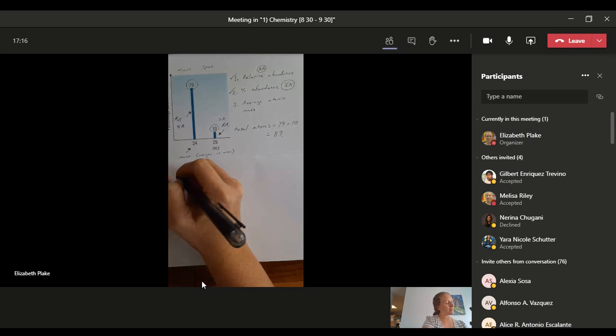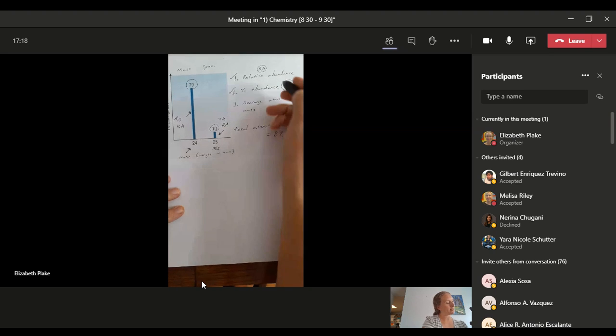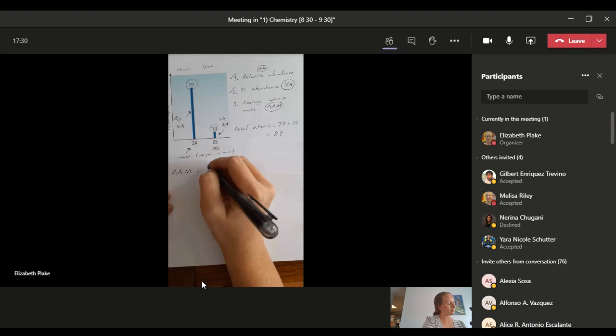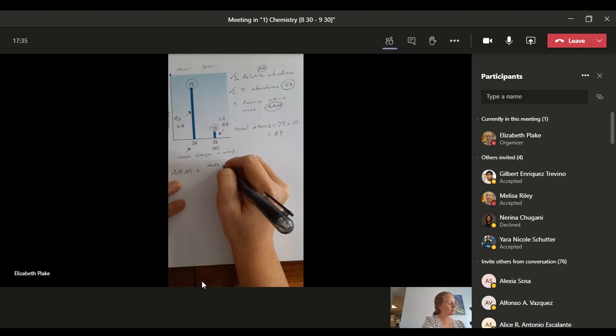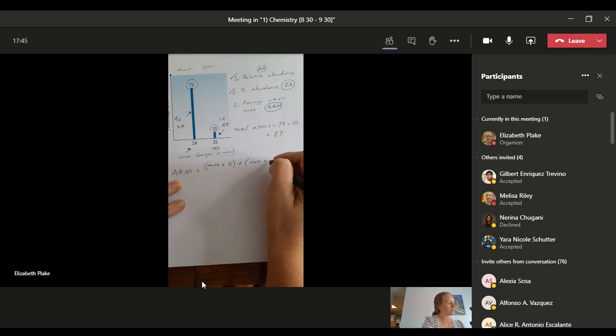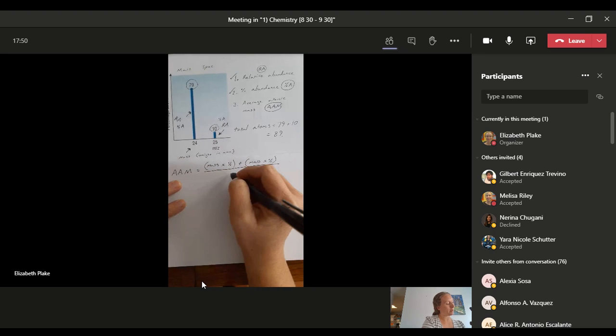And I'm going to abbreviate average atomic mass as AAM. So your average atomic mass equals your mass times percent plus your mass times percent divided by 100.